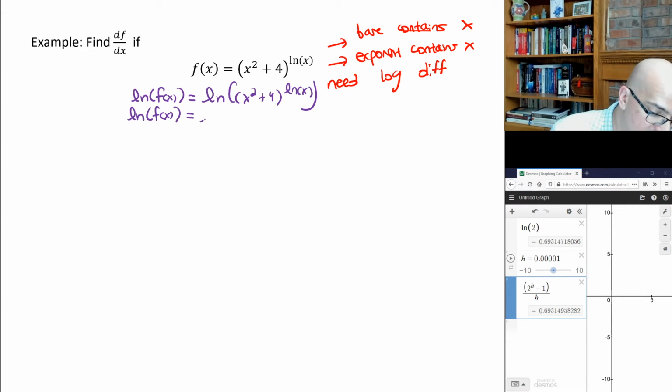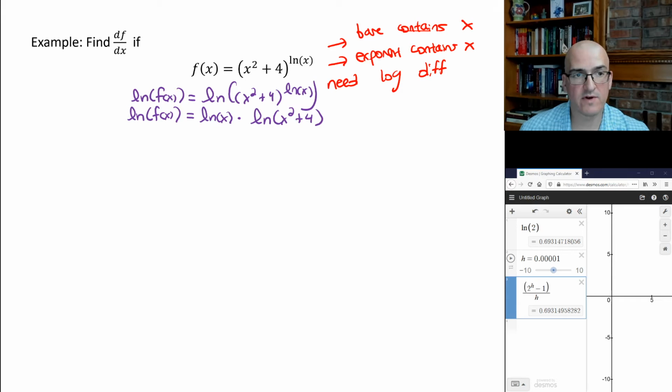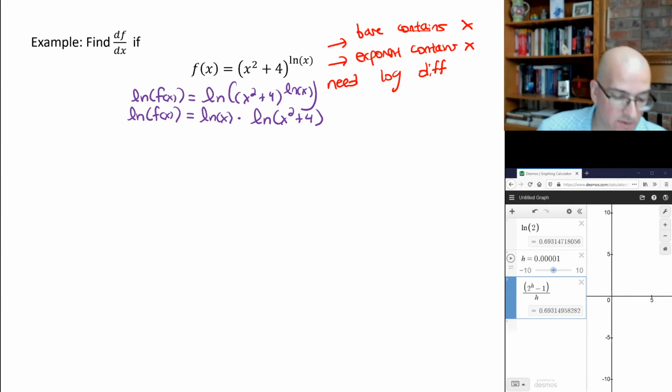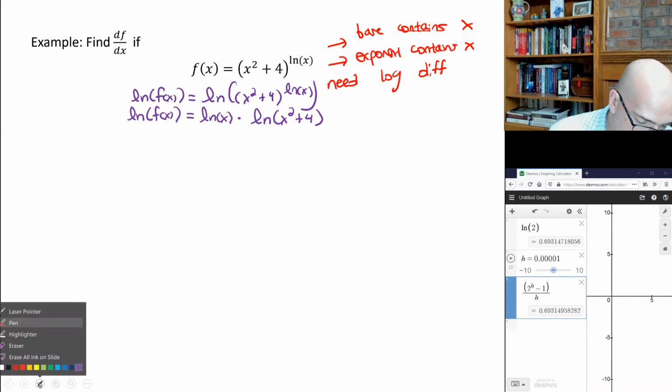So the ln of x comes down as a power. And we have two log functions on the right, another log function on the left. You can't cancel all the logs out. It doesn't work that way. If only, right? So if only we could say f of x is equal to x times x squared plus 4. That'd be amazing, but it's absolutely false. It's not true.